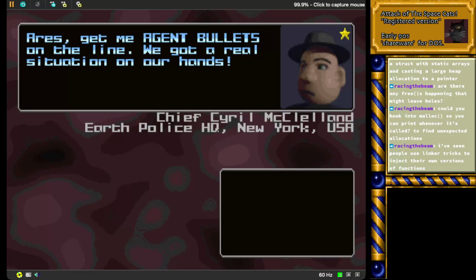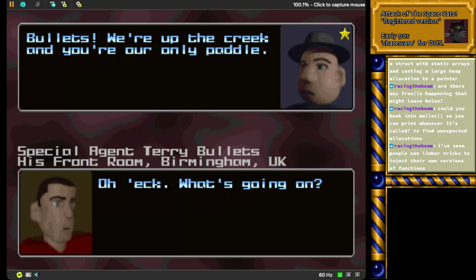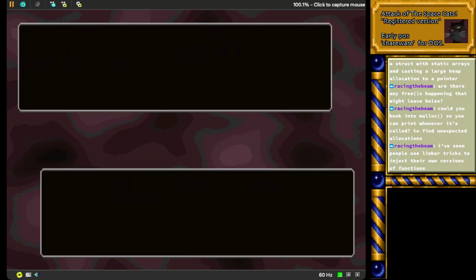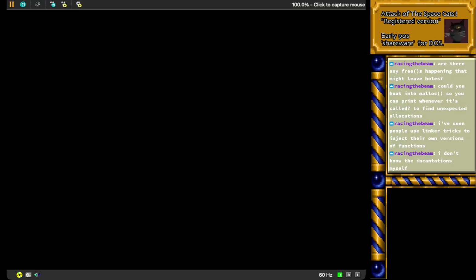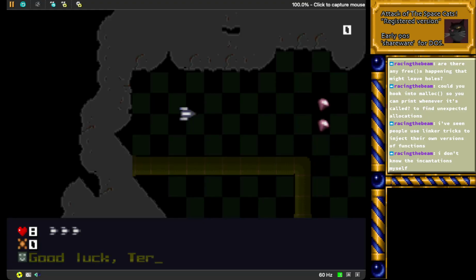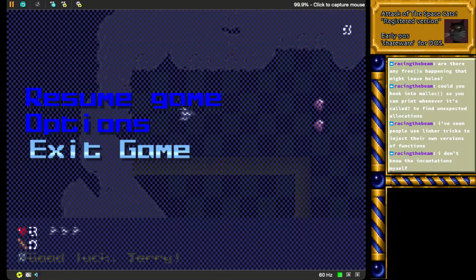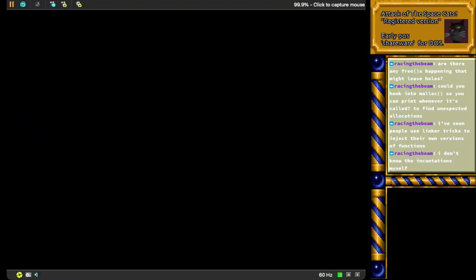Some people use link-time tricks to inject their own versions of functions. Interesting. Exit. I don't know the incantations myself.